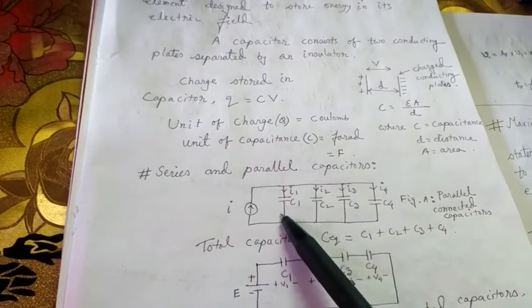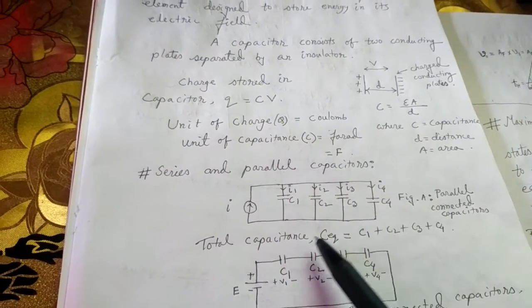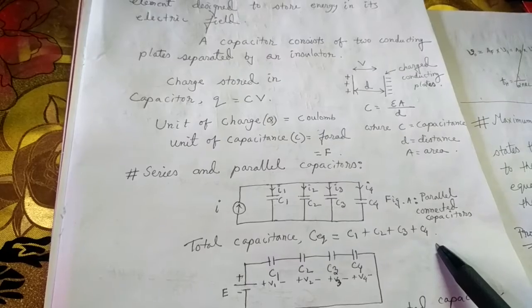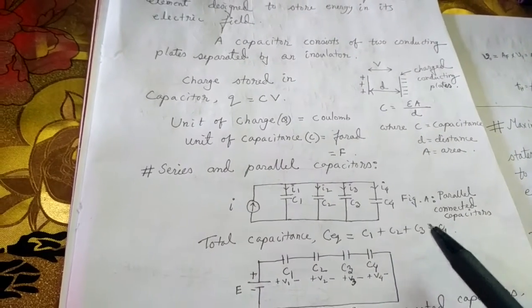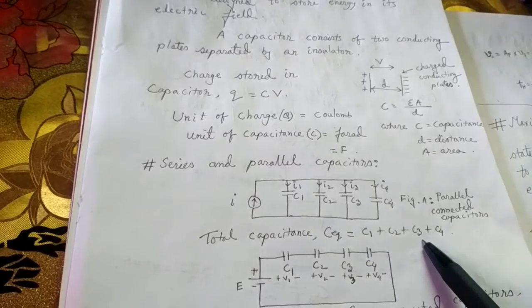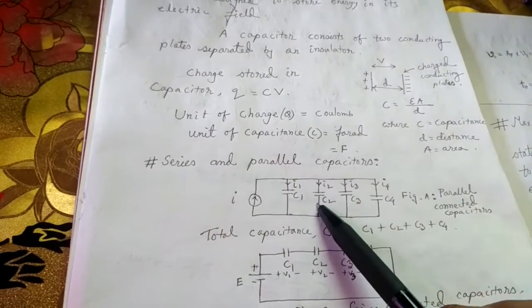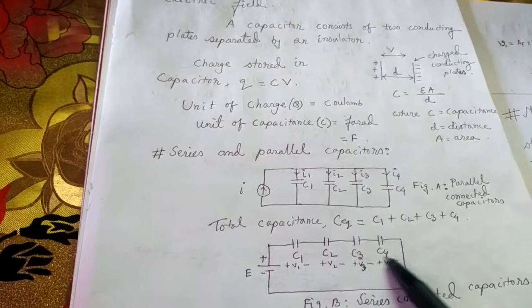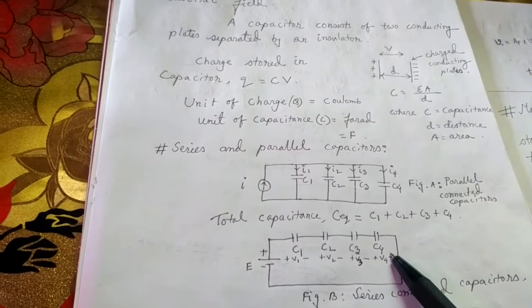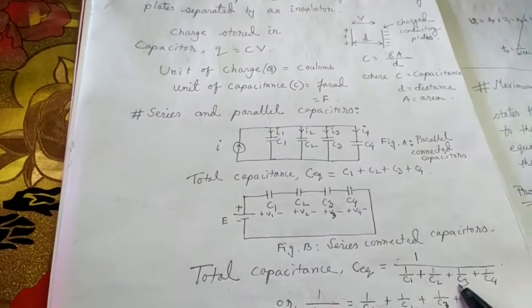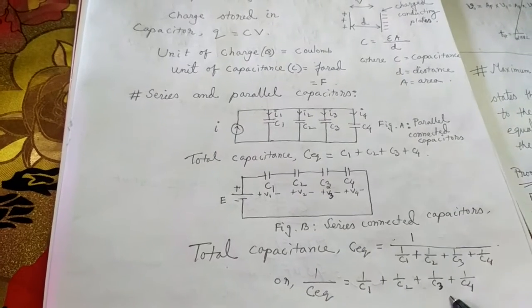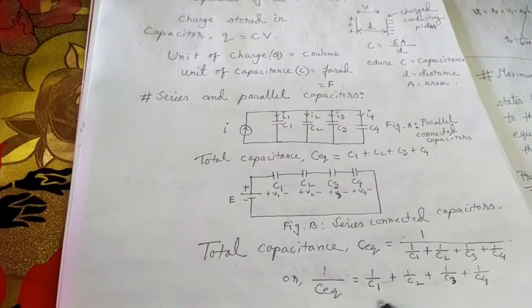So when capacitors are connected in parallel, they must be added: C1 plus C2 plus C3 plus C4. Very simple, that is addition for parallel connection. When series connection occurs, it is like the parallel operation of resistance.